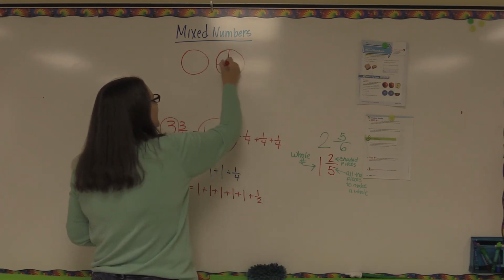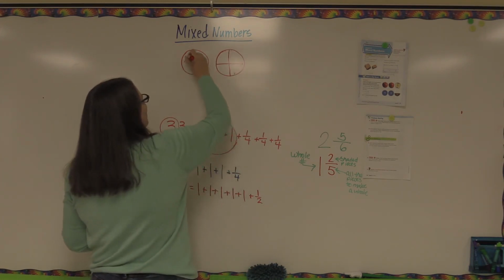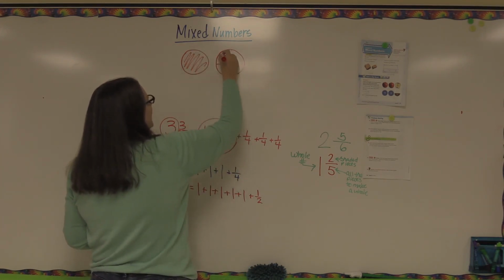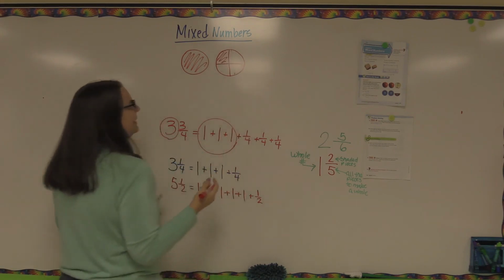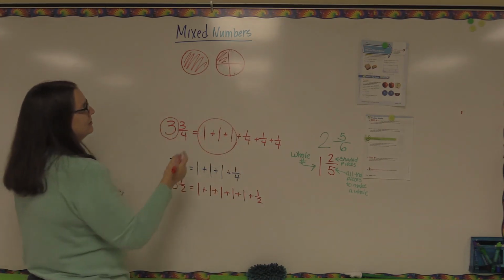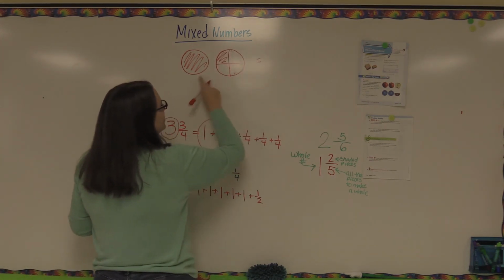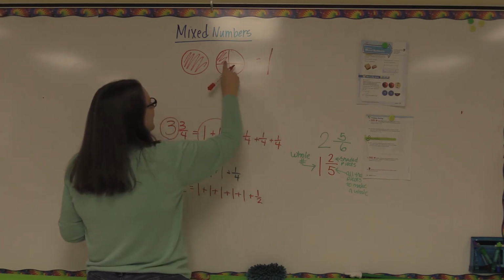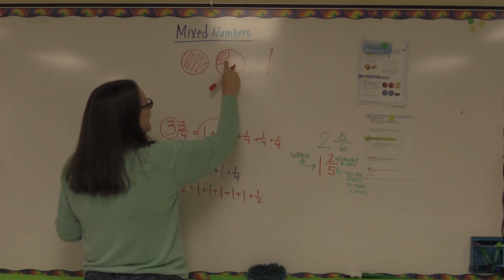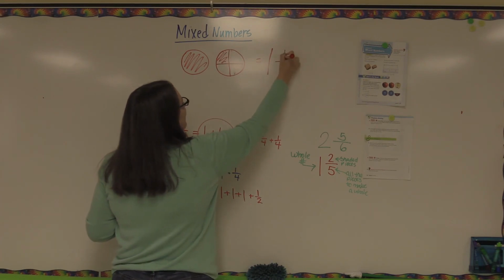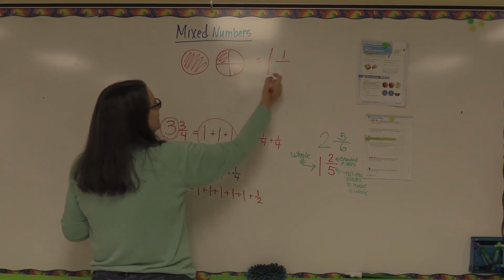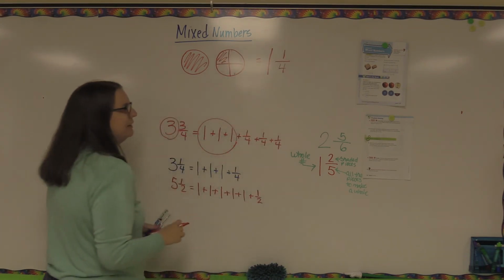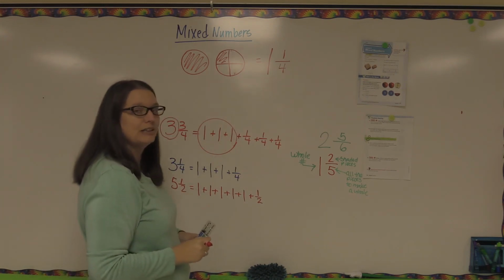So I'm going to split this up into fourths because he's got this whole orange, and he's got 1/4. Now, how do we write that as a fraction? Well, do our whole number first. We have 1 whole, and this part shows us he has 1 piece out of the 4 pieces it takes to make a whole. So that's how we represent that using a mixed number.